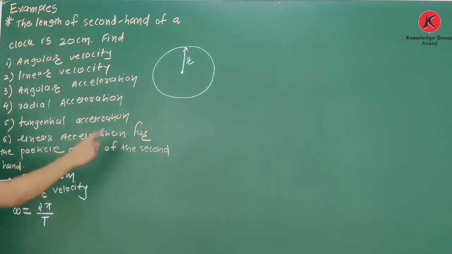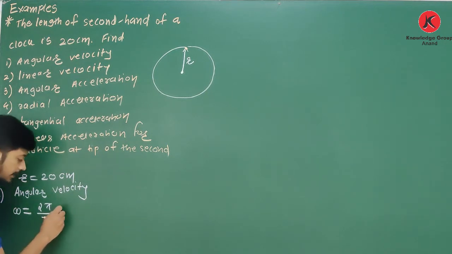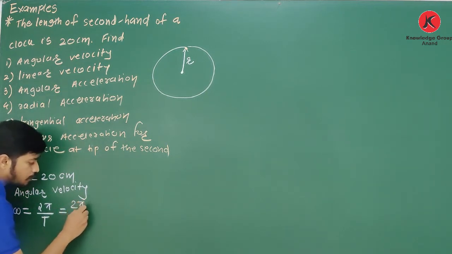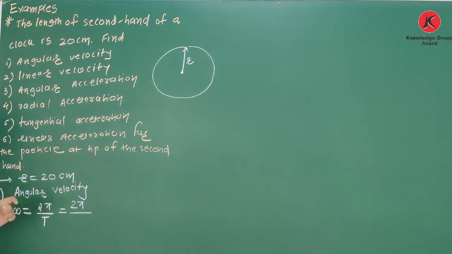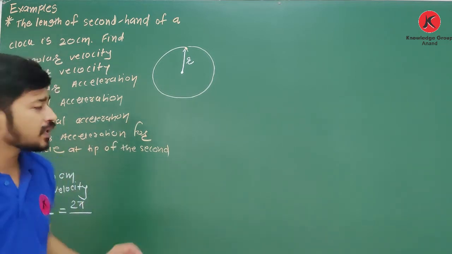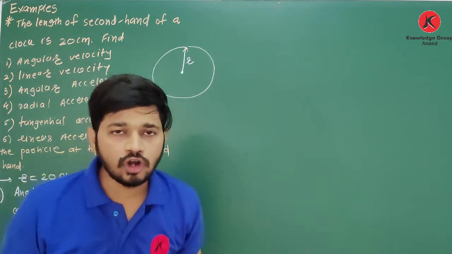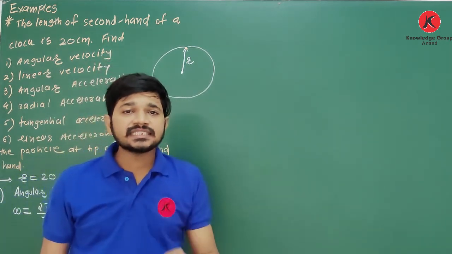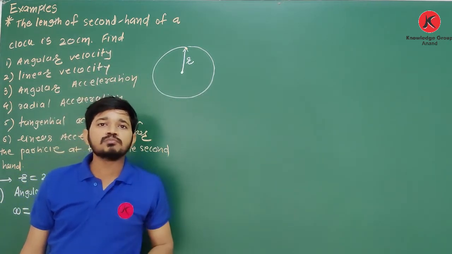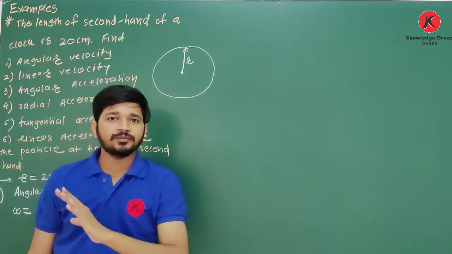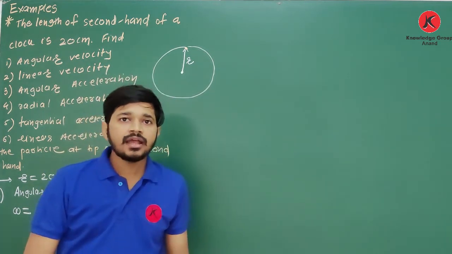Now 2 pi, if I am taking one rotation, then the angular displacement is 2 pi and time is T. Now 2 pi divided by T. T means what? Periodic time. This second hand of the clock takes 60 seconds to complete one rotation. Yes or no? Yes.